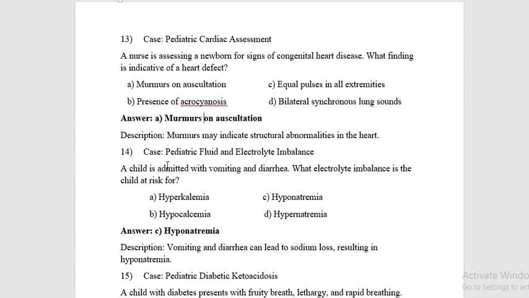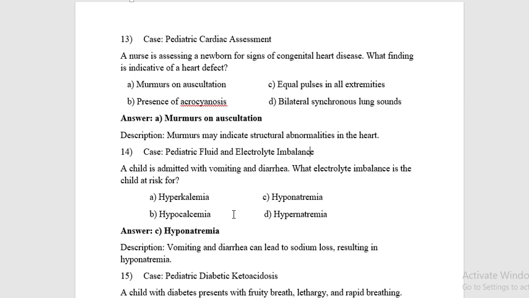Question 14. Pediatric fluid and electrolyte imbalance. A child is admitted with vomiting and diarrhea. What electrolyte imbalance is the child at risk for? A, hyperkalemia.